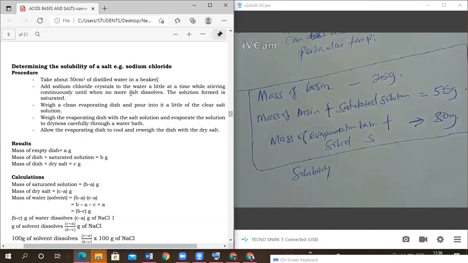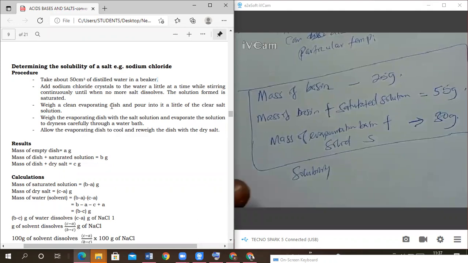It cannot take in any more salt. Then they weighed. After this, they filtered off the excess salt that wasn't dissolved. Then they weighed the evaporating dish and the clear salt solution after filtering off the undissolved salt.